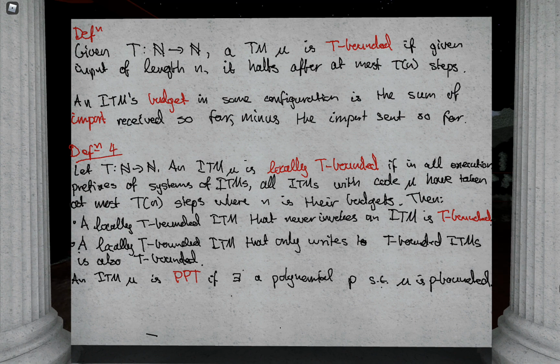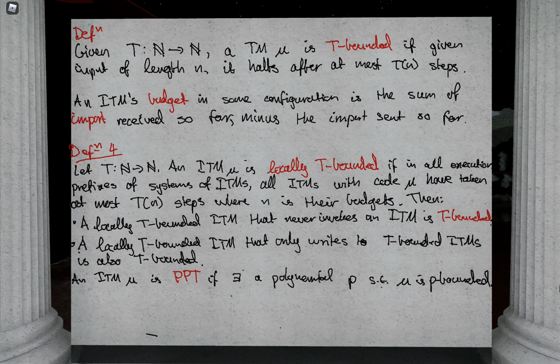So if you never invoke a Turing machine, you are t-bounded, and if you only write to t-bounded Turing machines, then you are t-bounded. We end up with this recursive construction where, as long as you only write to locally t-bounded machines, you are yourself t-bounded.